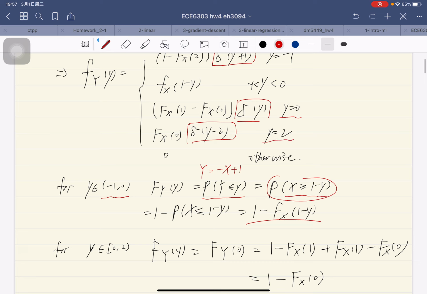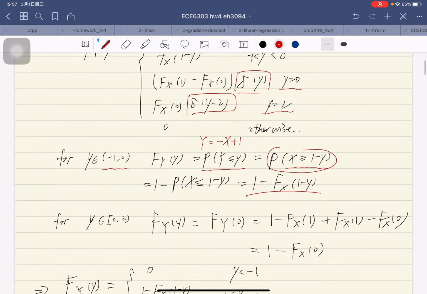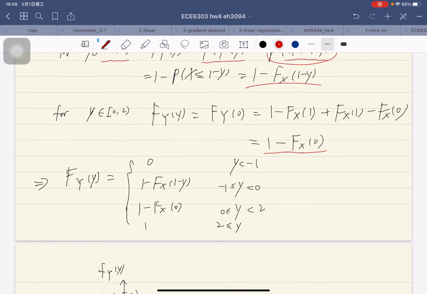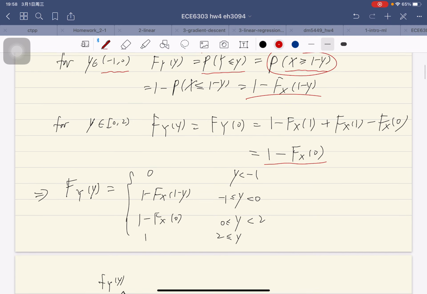In the interval from 0 to 2, there is no probability density function, so the integration of small fy should be 0. So from 0 to 2, big Fy should just be equal to big Fy(0). So we will have it is 1 minus Fx(0). And the problem is almost solved.